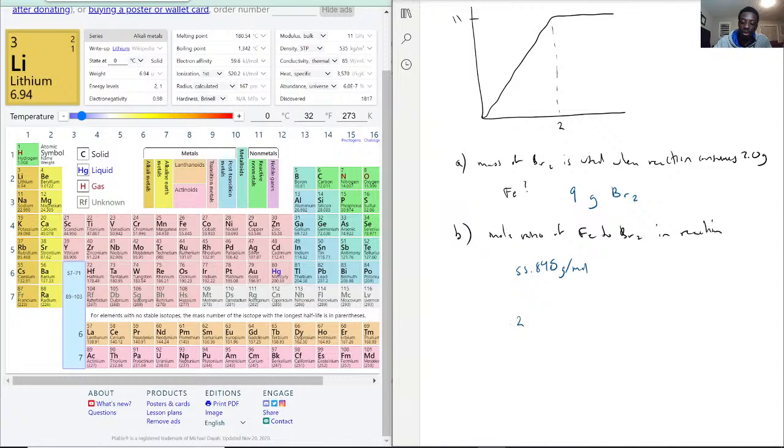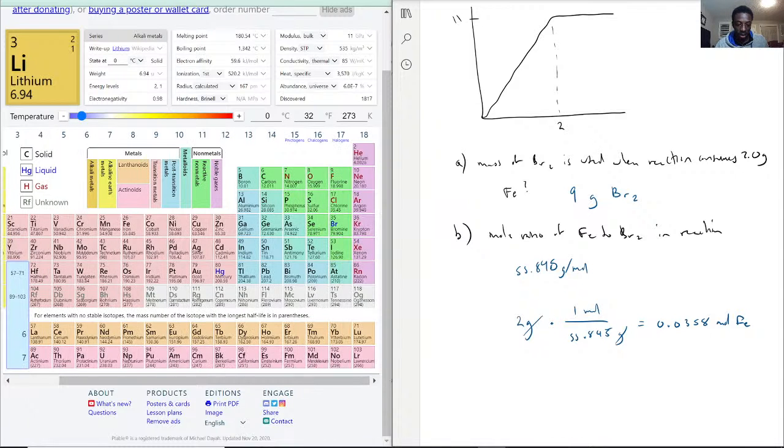If we start out with 2 grams, to get rid of the grams we divide, so 1 mole is equal to 55.845 grams. And so what we're dealing with is just 0.0358 moles of iron.